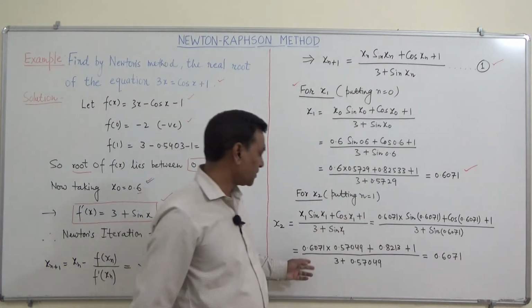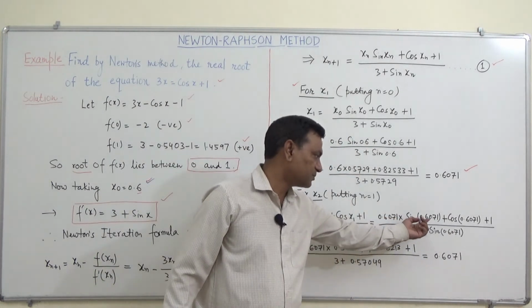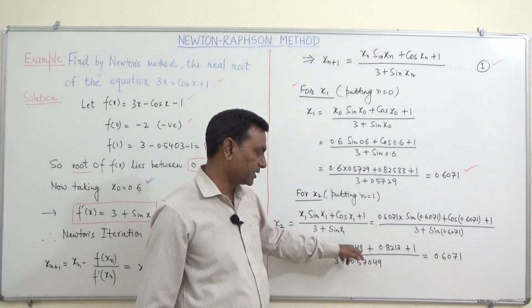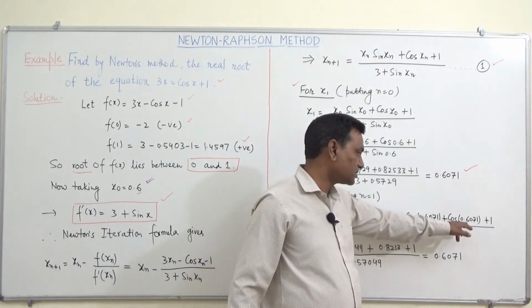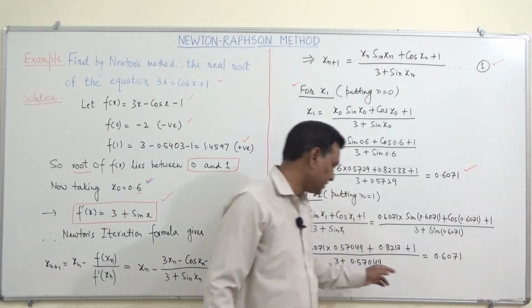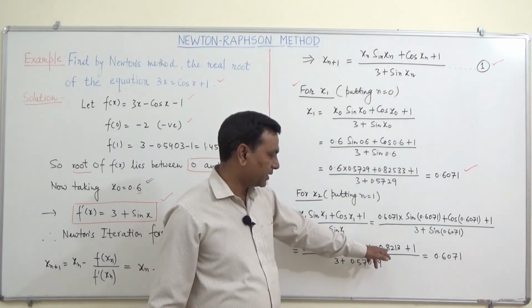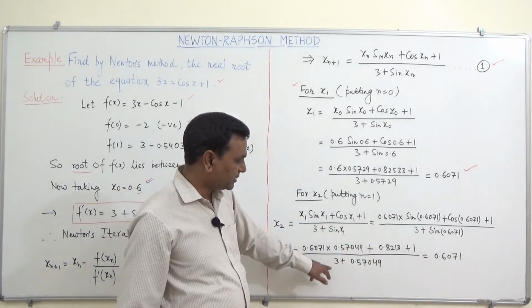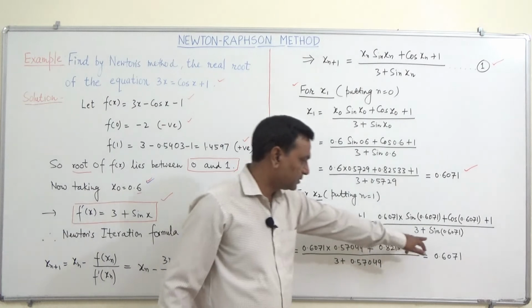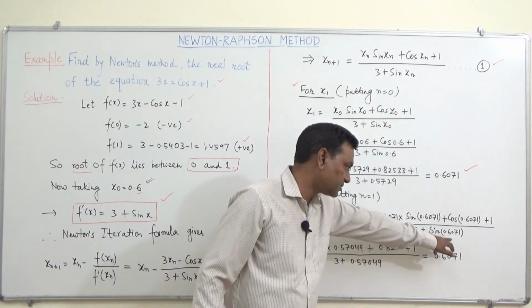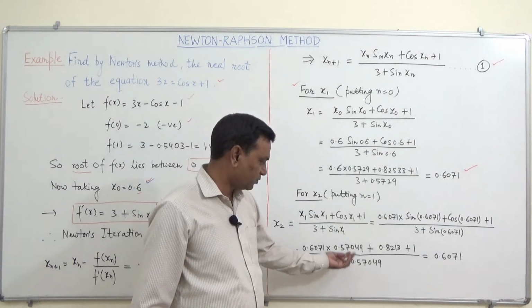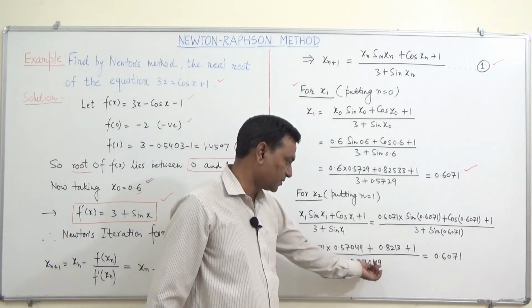From the log table, sin 0.6071 comes out to be 0.57049 and cos 0.6071 comes out to be 0.8213, then plus 1 divided by 3 plus sin 0.6071, which is 0.57049.